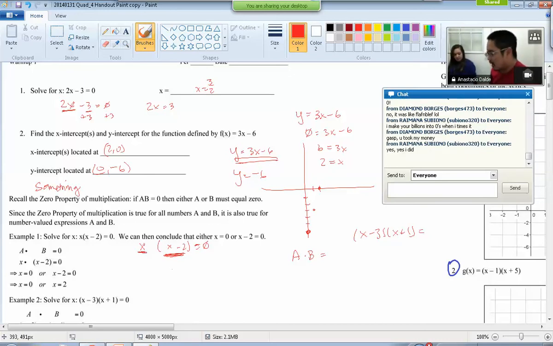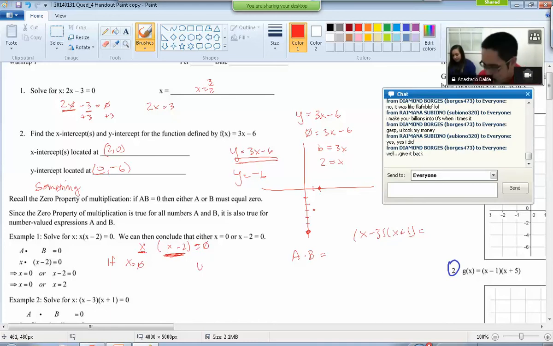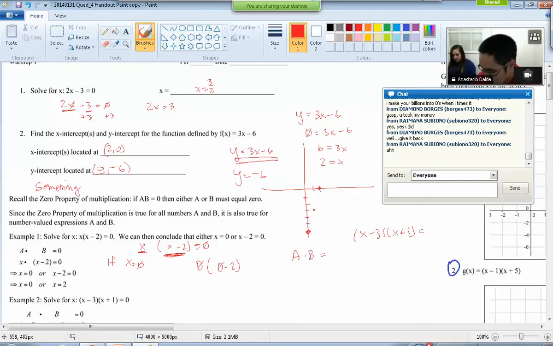If x equals 0, then I plug in 0 for x over here, and I have 0 times 0 minus 2. What is 0 minus 2? Negative 2. But does it really matter? No, because I'm multiplying it by 0, and if I'm multiplying it by 0, the whole thing's just going to be equal to 0 anyway.